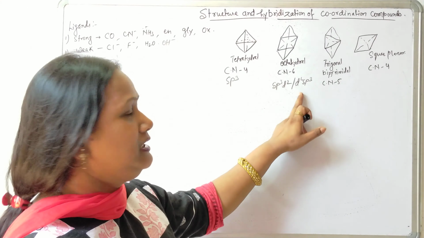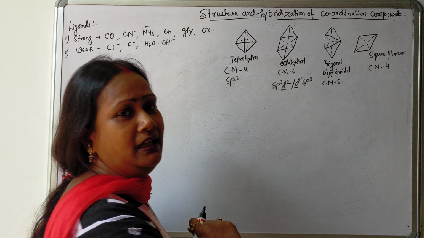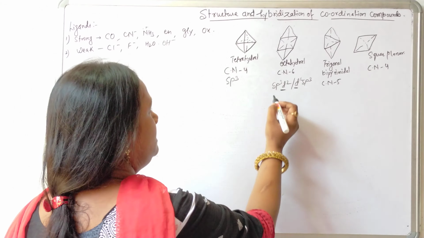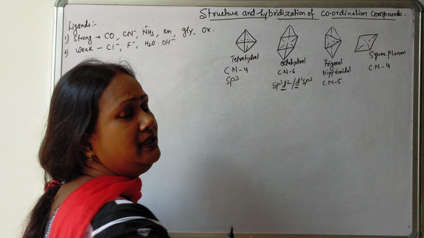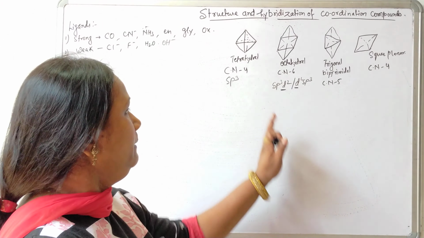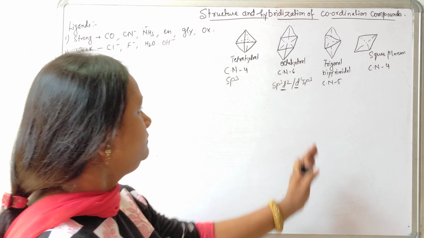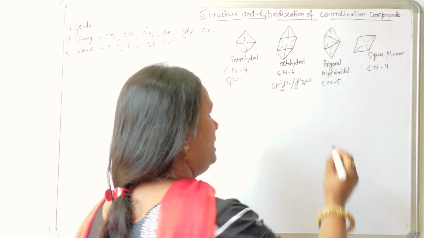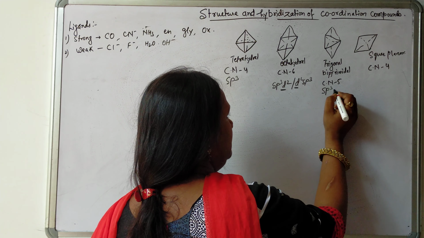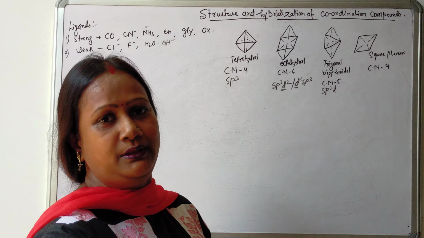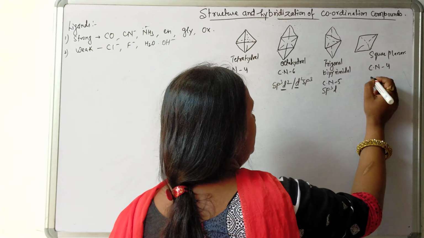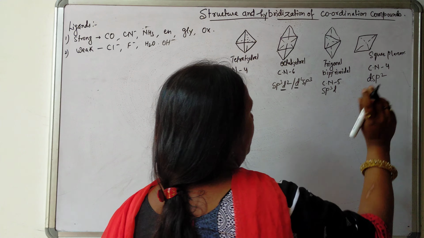Both are the same structure, but in one the outer d orbital is used and in the other the inner d orbital, so they are the outer d orbital and inner d orbital complexes. Both have the same octahedral structure with coordination number 6. Here it will have sp3d hybridization, and here dsp2 hybridization.